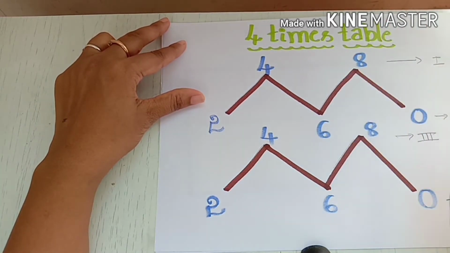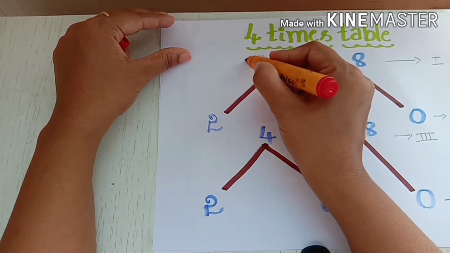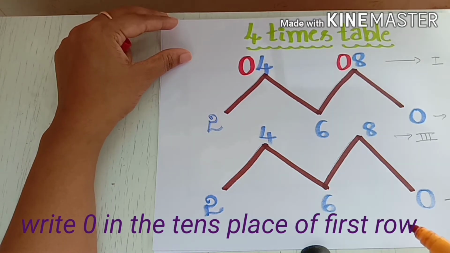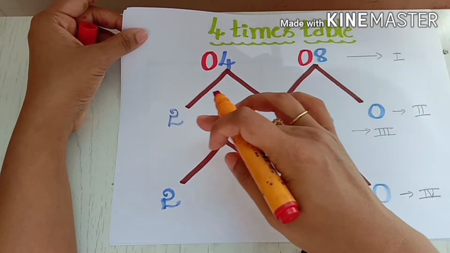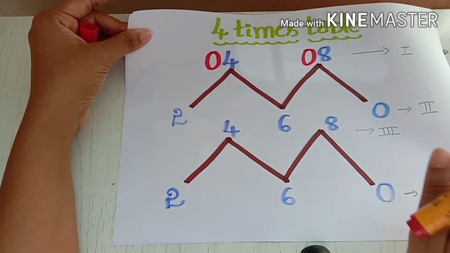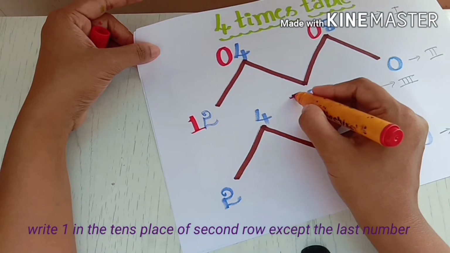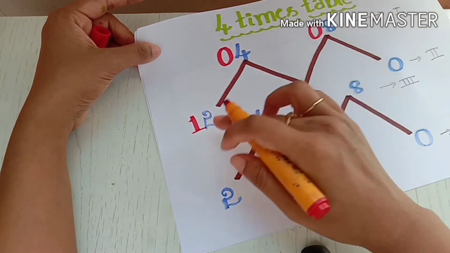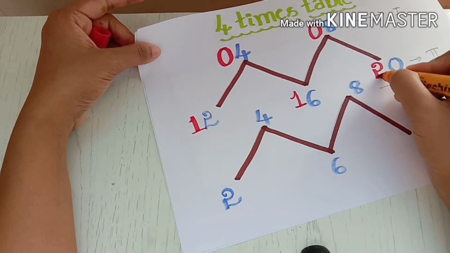since in the first row I am going to write down 0 in the tens place. 0, 0. Okay, and in the second row I am going to write down 1 in the tens place. 1, 1, and except the last number I am writing 1 for the tens place. In these two numbers, here I am writing 2.